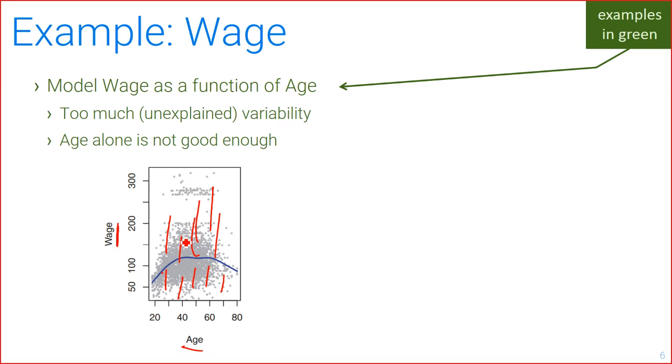So the model is not really good in this respect, in making predictions. There's a lot of unexplained variability in the wage. So what we see is that age alone is probably not a good enough predictor. We are going to need some other variable to try and have a good model of the wage.